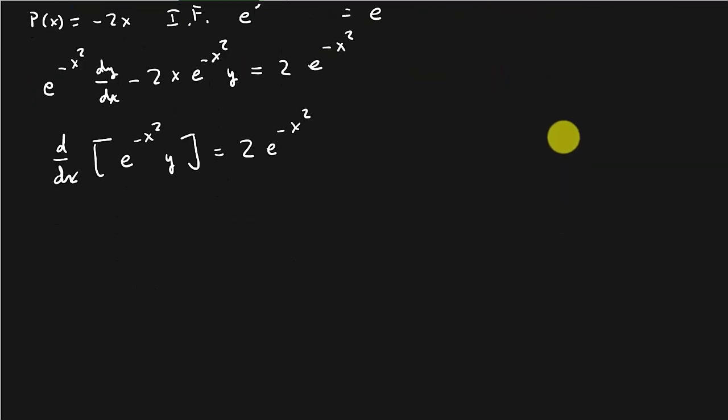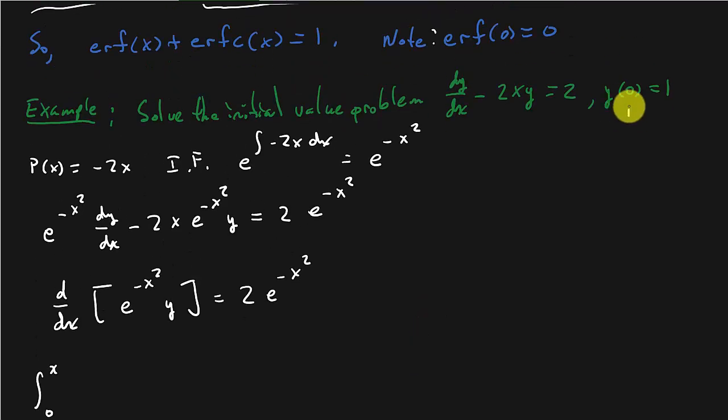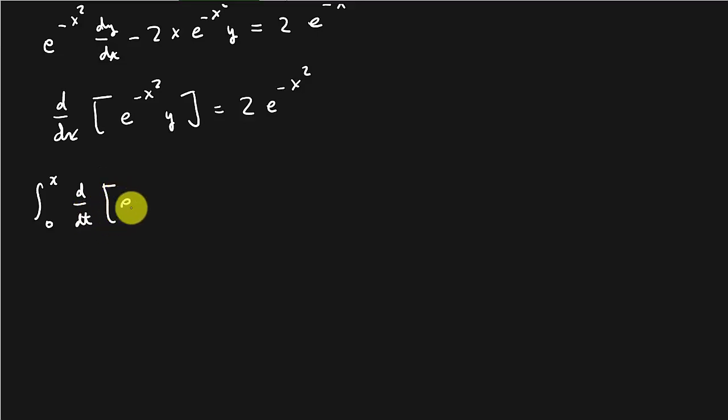We're using that dummy variable t. So we're going to integrate from 0 to x. See, in this case, your x naught is 0. And so that's going to be d dt of e to the negative t squared y of t dt.